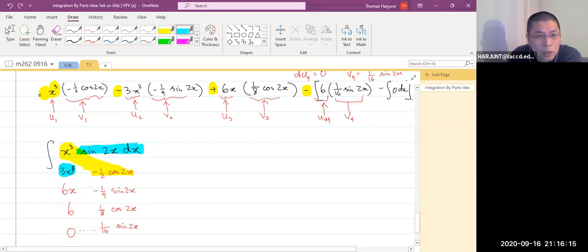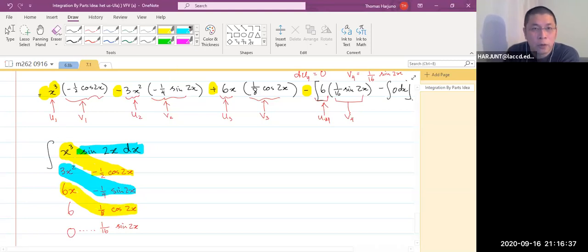The third term is the positive of this product. The fourth term is the negative of this product.